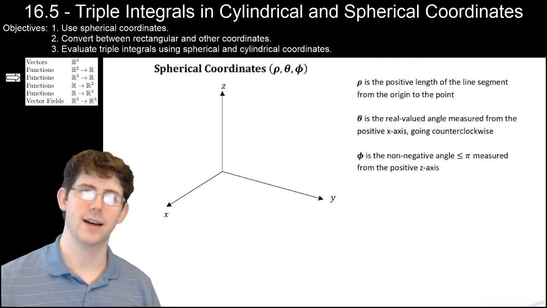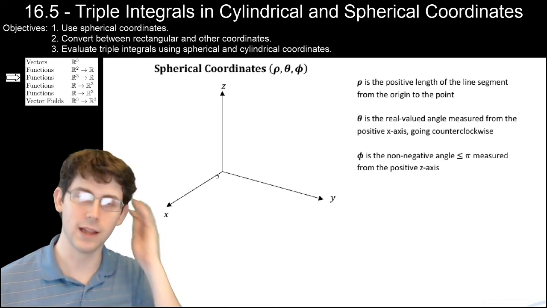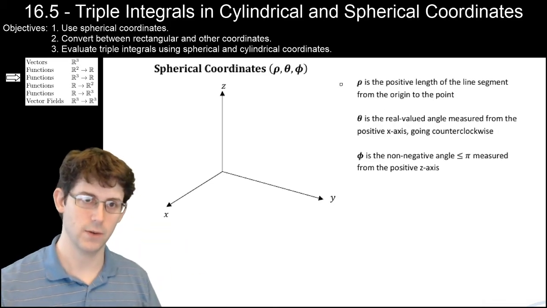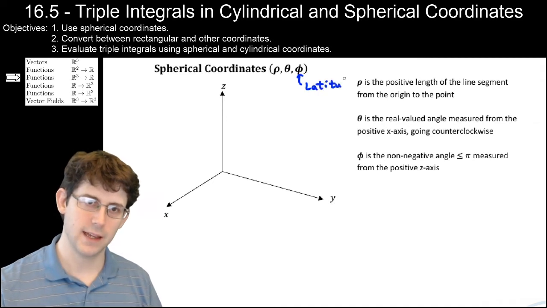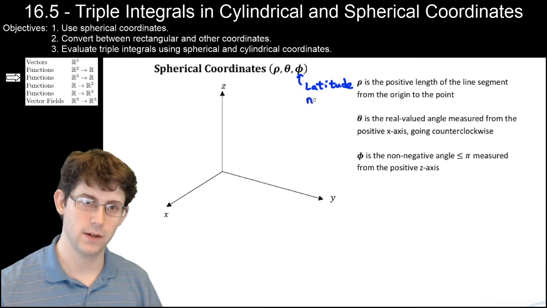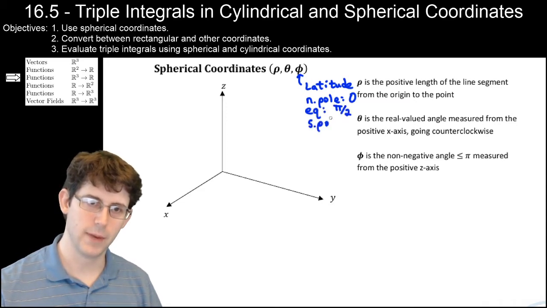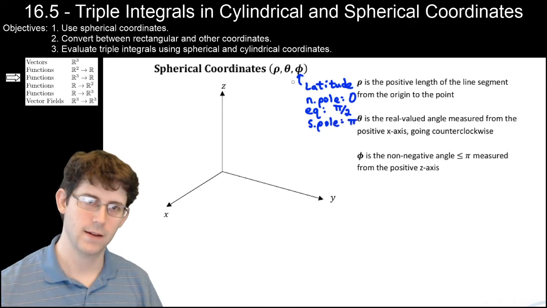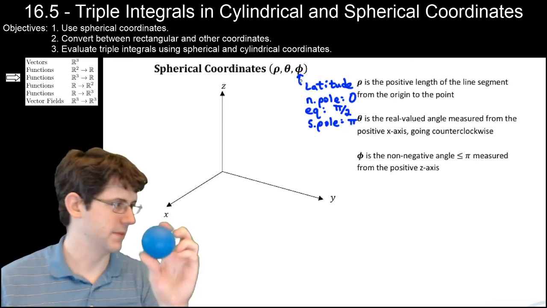Spherical coordinates, a bit more complicated. So spherical coordinates are more like latitude and longitude, where this one is kind of like latitude, except it's latitude where the North Pole counts as 0. The equator is 90 degrees, and the South Pole is pi. So you look at a globe, you say, okay, here's my globe, I guess.